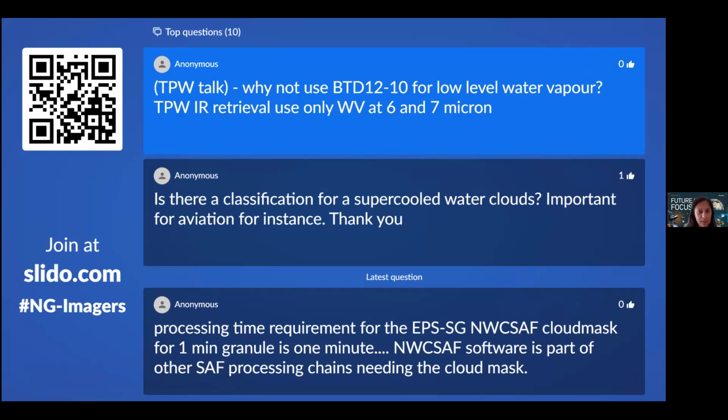The TPW IR retrieval uses all bands between 3.7 and 13 micron, including the two water vapor bands, but also other bands like the 10 micron, the 8.5, the 12 micron. So the final retrieval is basically adjusted on the basis of all these measurements, not only the water vapor absorption channel, of course.